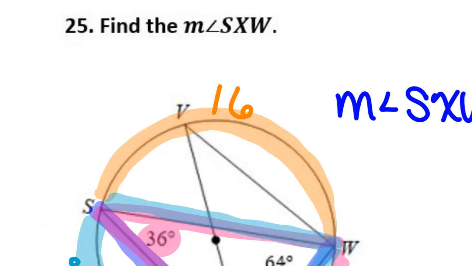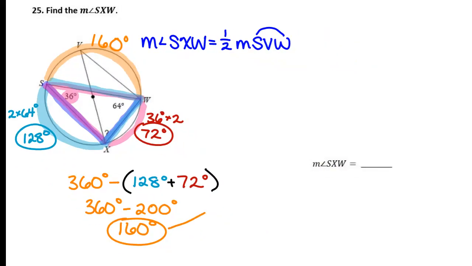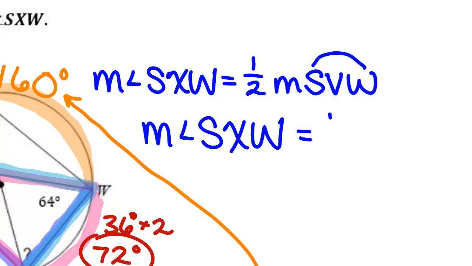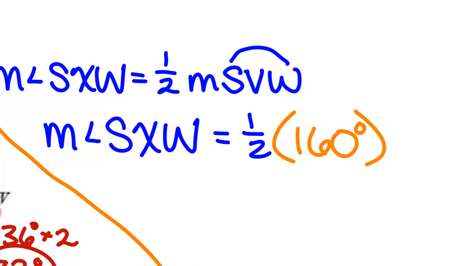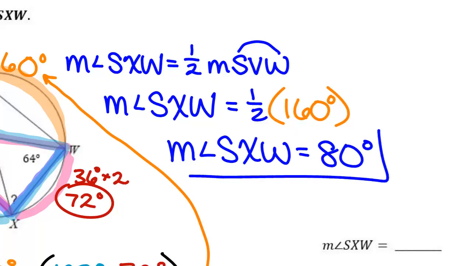So this arc up here is 160. So the measure of angle SXW is equal to 1/2 of 160. What is half of 160? 80. So the measure of angle SXW is 80 degrees.